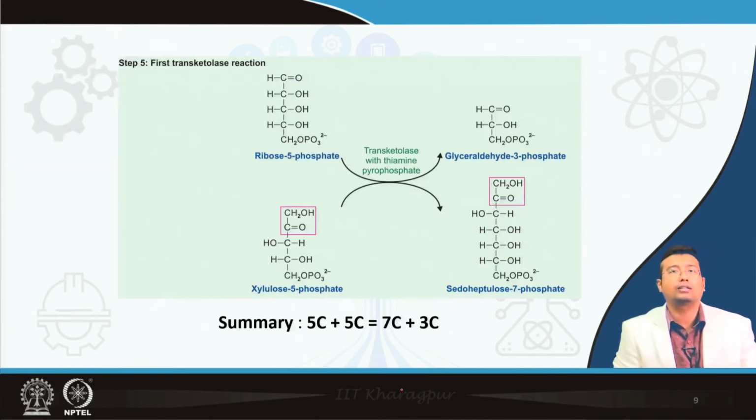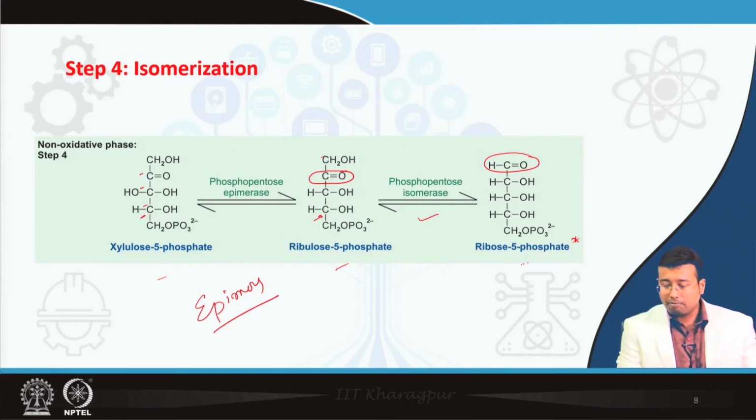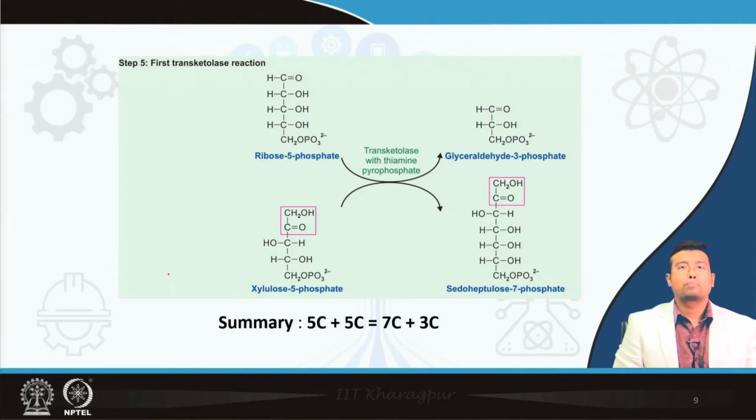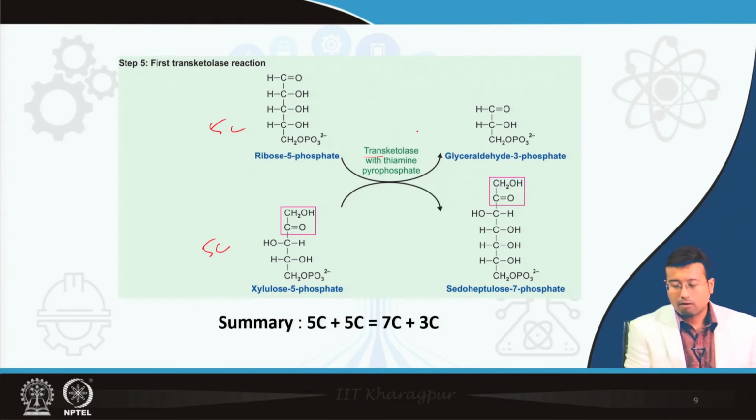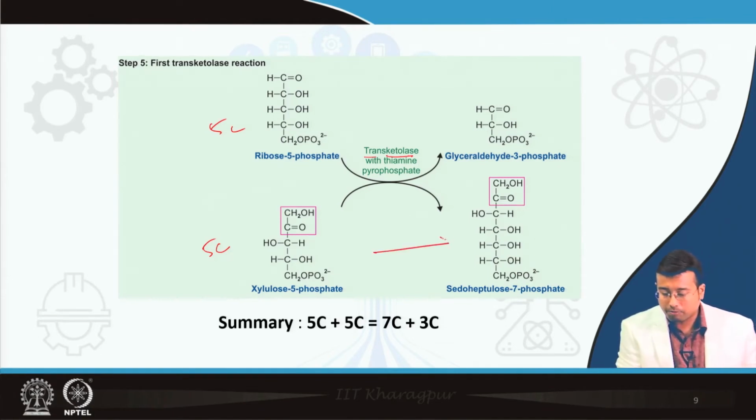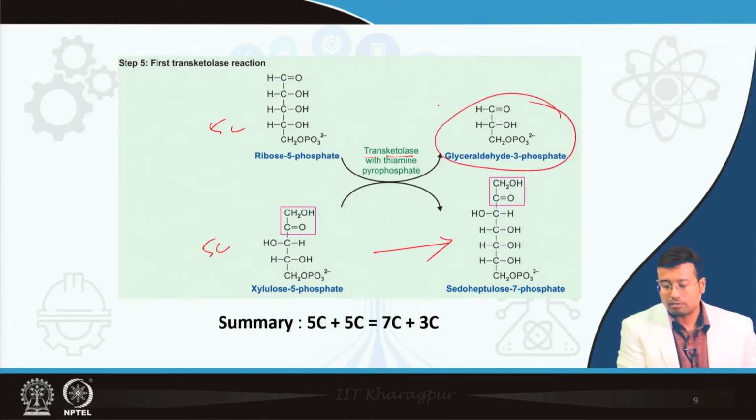So, after isomerization what happens? Very important, this ribulose and xylulose, right. So, both are 5 carbon. So, with the help of transketolase enzyme, what is happening? A 2 carbon is getting shifted from ribulose to xylulose, okay, and it is getting converted to pseudoheptulose, and this is converted to glyceraldehyde 3-phosphate.